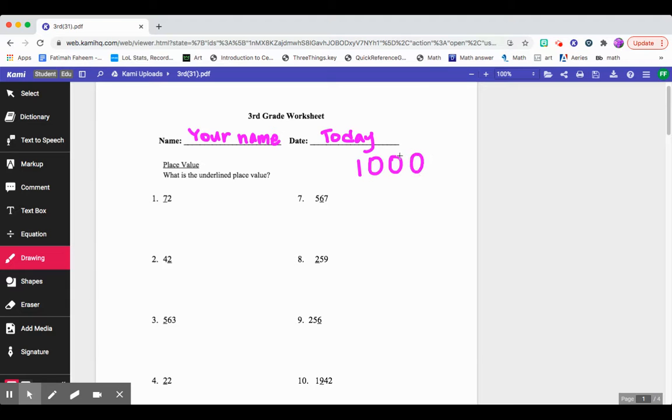The first number is the ones, the second number is the tens place, the third number is hundreds, and the fourth number is thousands.